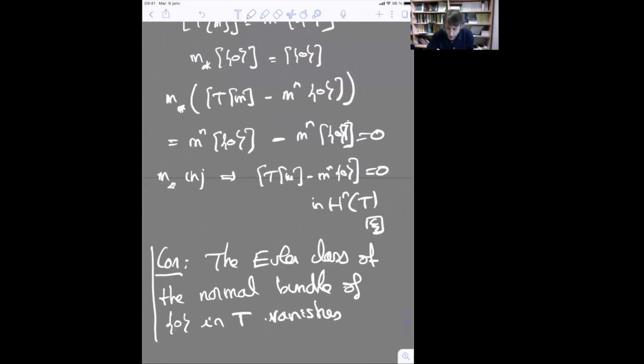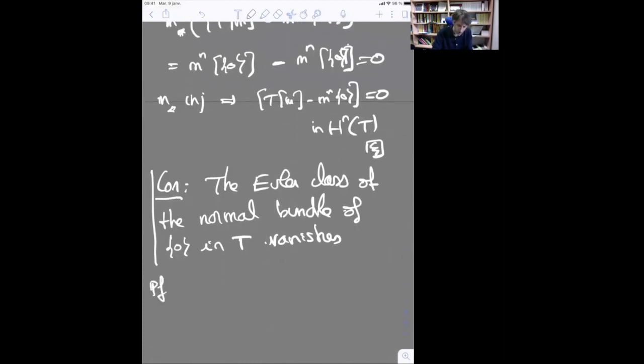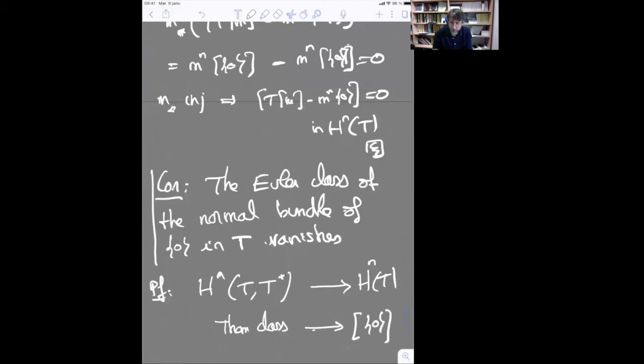And how do we prove that? Let me say it in a few words. You can consider the cohomology of degree n of T relative to T minus the zero section. So here you have the Thom class, and you consider the restriction map to the cohomology of T, and this maps to the zero section.